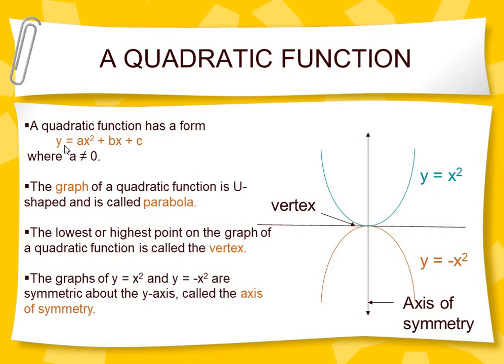It has only two shapes. One of them is when the U, or the parabola, is looking up, and the other is when the parabola is looking downward. These are the only two shapes. You cannot tell me that it's looking to the right side or left side. No, miss. That is another function.